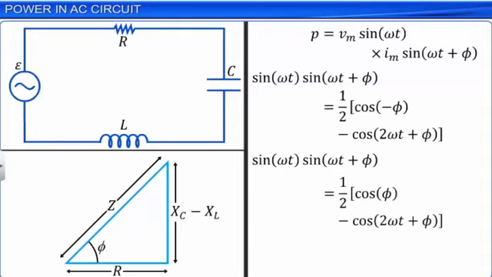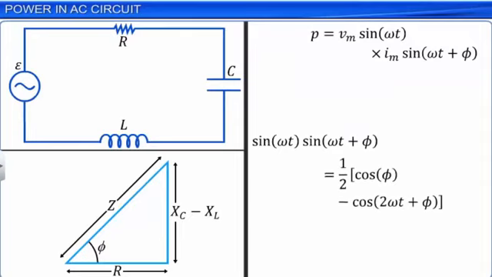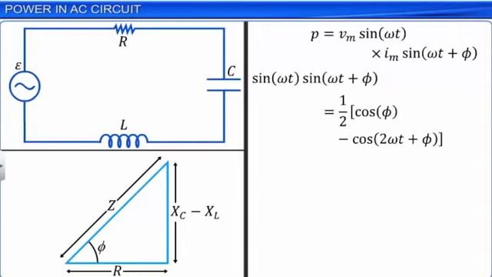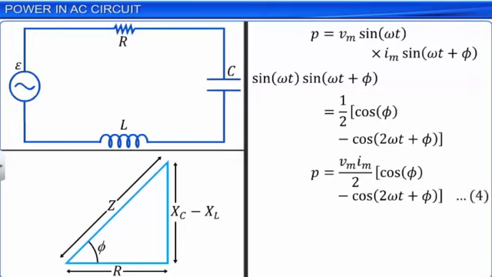Thus, the instantaneous power P can be written as Vm Im by 2 into [cos phi minus cos(2 omega t plus phi)]. Let this be equation 4. The average power dissipated over a cycle is given by the average of the right-hand side of equation 4.